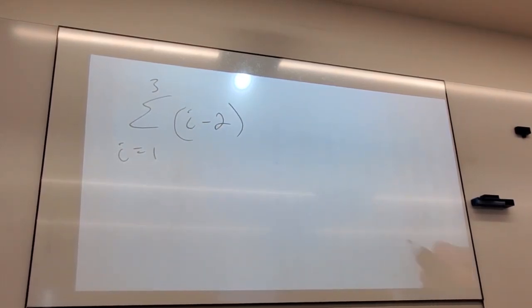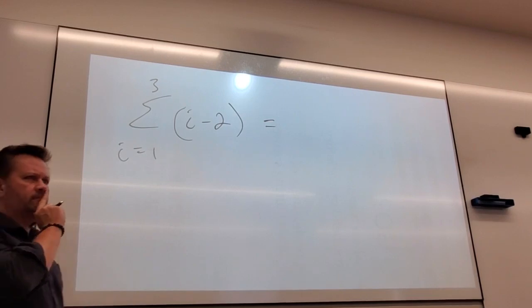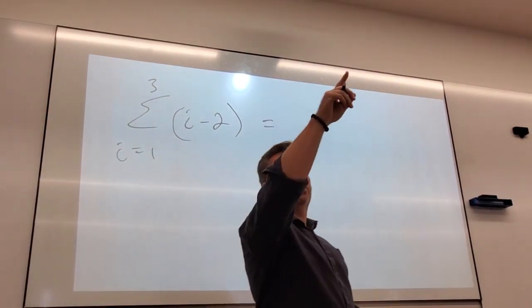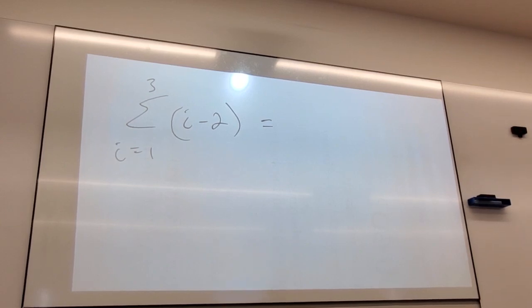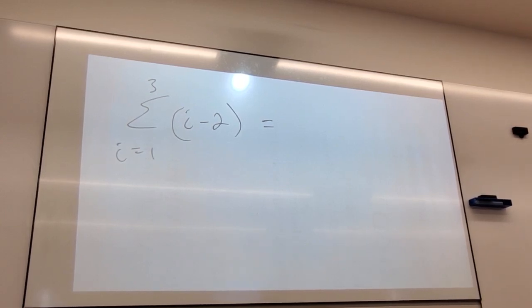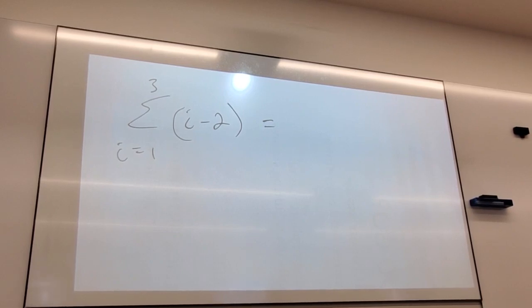Answer me this question: how many terms are we going to add? What does i go from and to? From 1 to 3. So how many terms are we going to add? 3: 1, 2, 3. So you have to figure out what each term is and then just add them up.